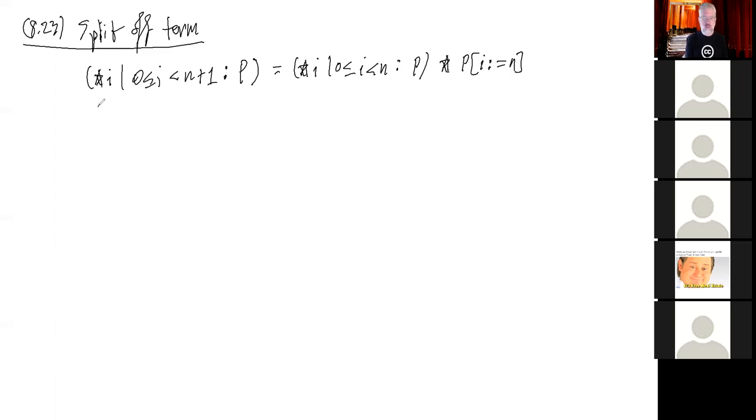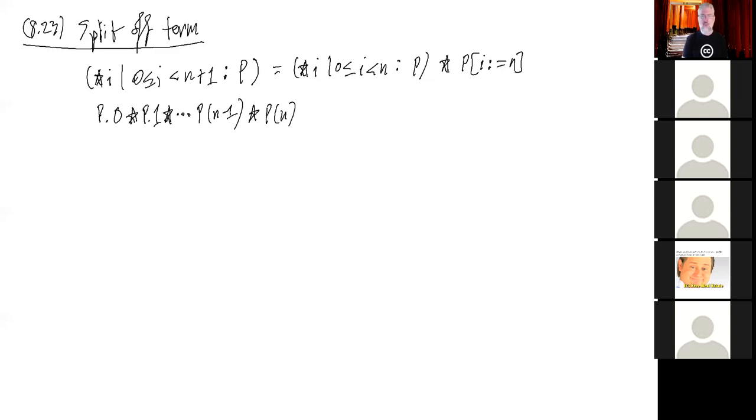This is P of 0 star P of 1 star dot dot dot P of n minus 1 star P of n. And it stops at n because we are less than n plus 1. So we go up to n, but we don't go to n plus 1.